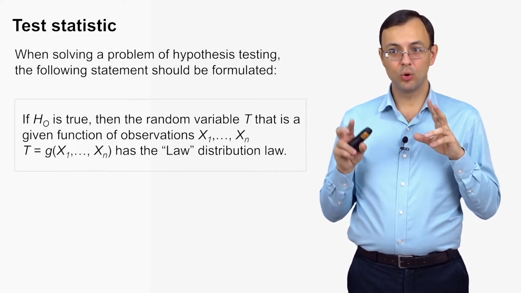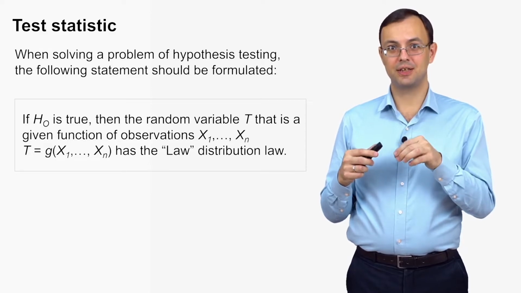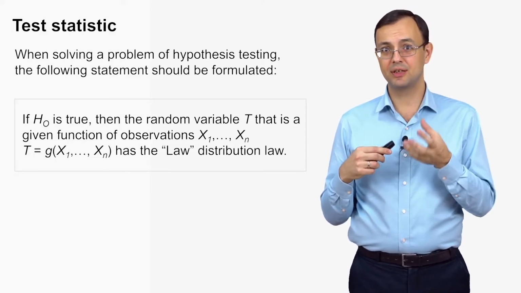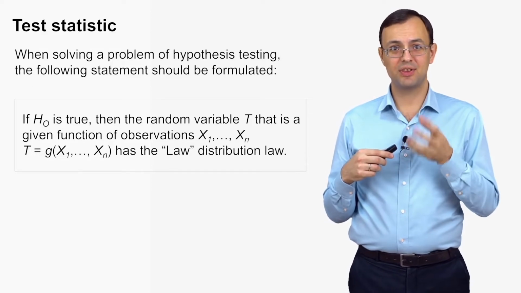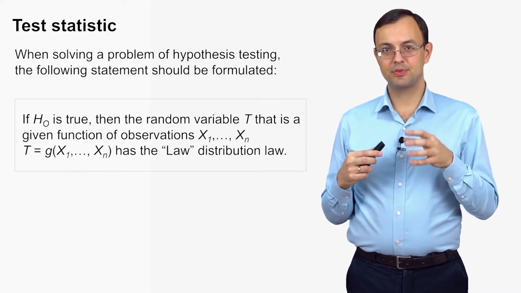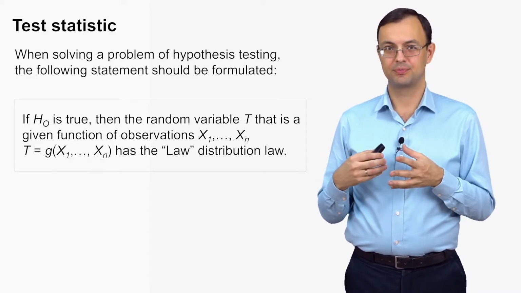So this law distribution is to be clearly defined here. So either by the name and the parameters, or by the PDF or by the CDF. So this theorem, this proposition, is to be formulated and proved.